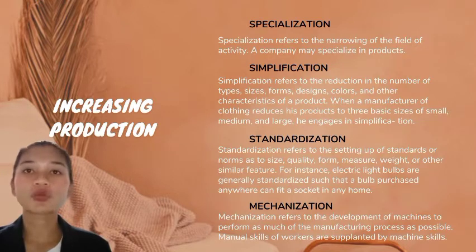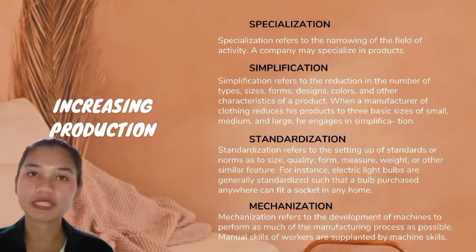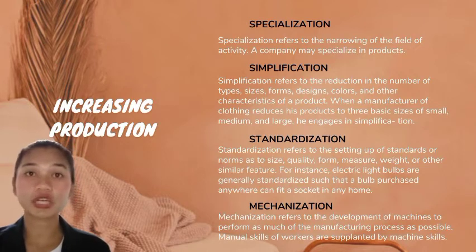However, they are most widely used in the manufacturing sector, which is also where advanced countries are seeing the fastest rate of industrialization. These processes are specialization, standardization, simplification, and mechanization.